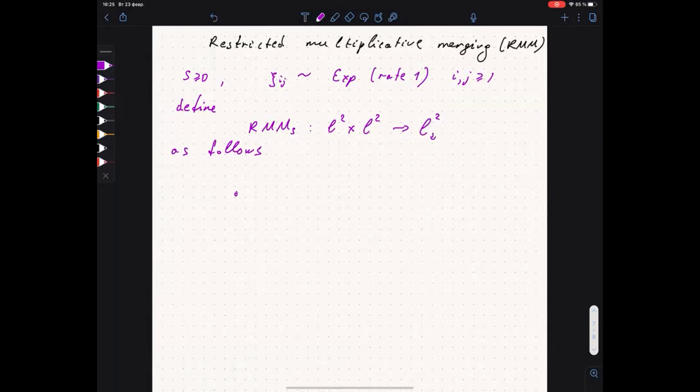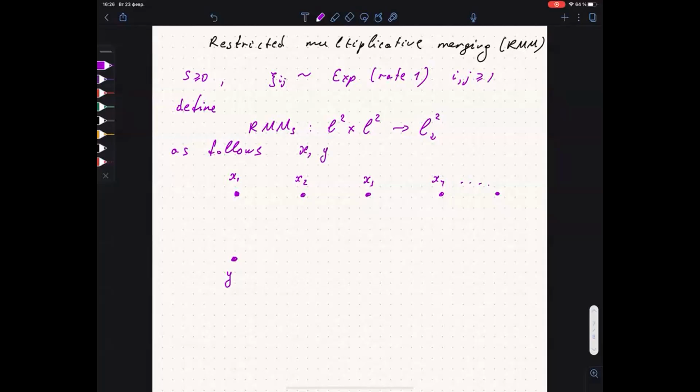We take x1, x2, and so on; let's consider a graph with vertices labeled by 1, 2, 3, and so on. And to every vertex, we prescribe some mass. To the vertex labeled by 1, we prescribe x1, then x2, and so forth. The same we do for the second sequence.